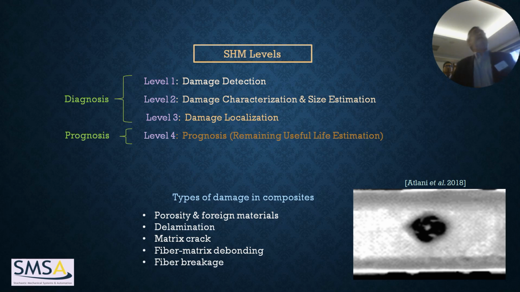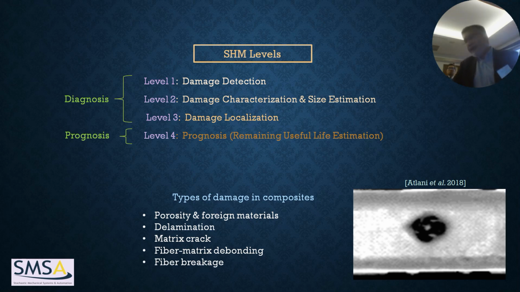Okay. So we have different levels of structural health monitoring. The first level is to do damage detection. Then we want to do characterization and size estimation. And also we would like to do damage localization and, if possible, some prognosis, remaining useful life estimation and so forth. And we're talking about different types of damages. For example, here is a damage on a composite structure.